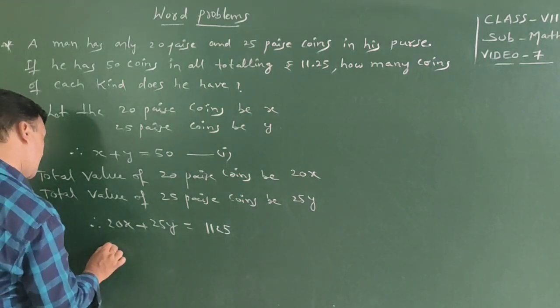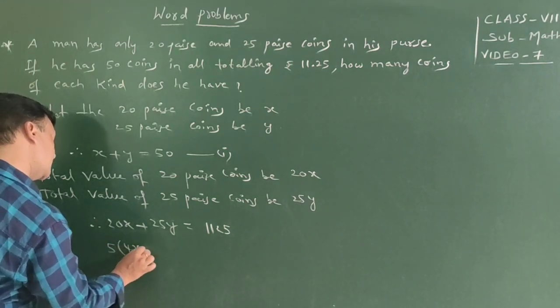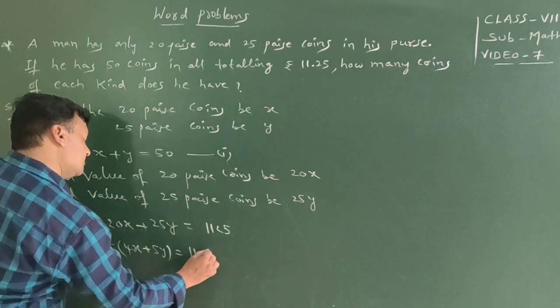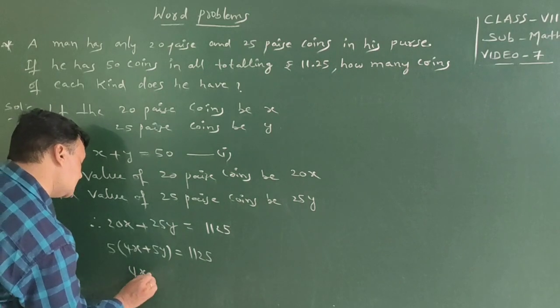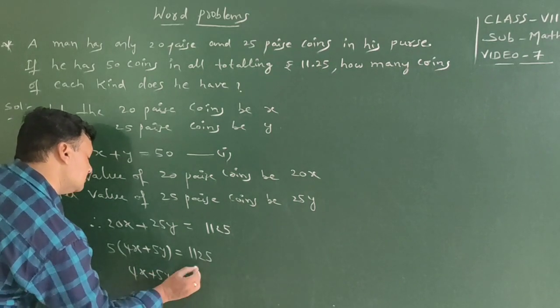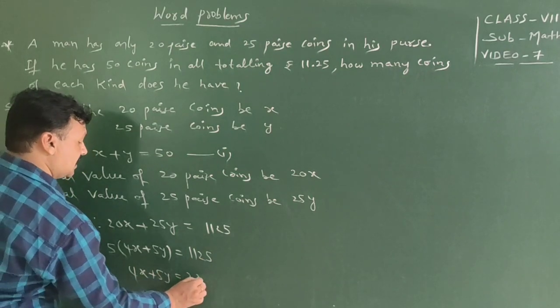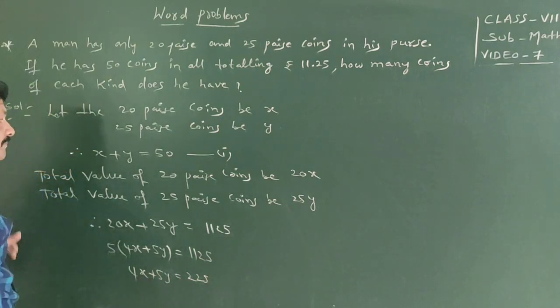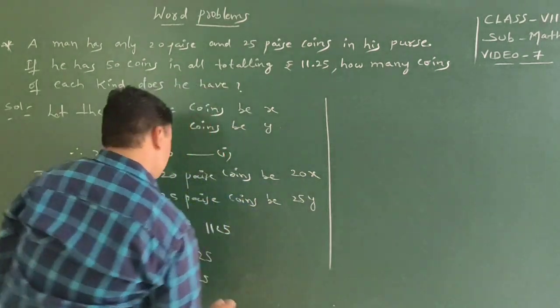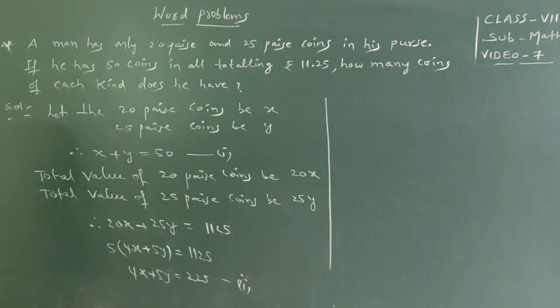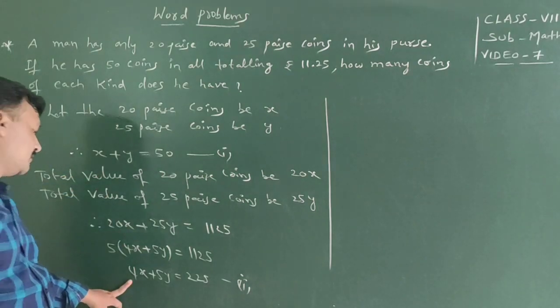Okay, if you take 5 common here, 4x plus 5y equal to 1125 by 5, that is 225. See the second. Here x plus y, here 4x plus 4y.